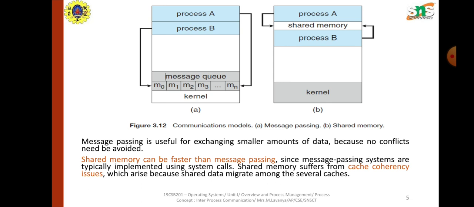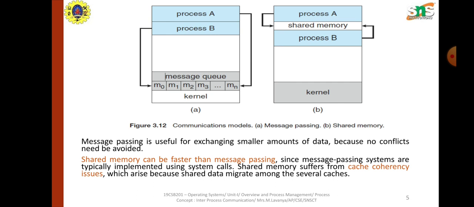Cache coherency is like this: if data is shared by one or more processes in the shared memory or in a cooperative process, let us take one or more processes using the same data in cooperative process communication.